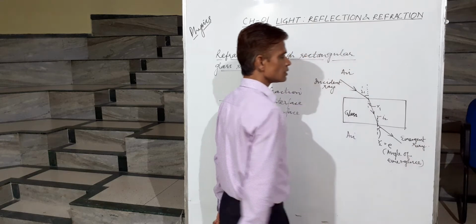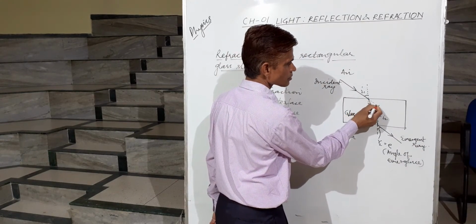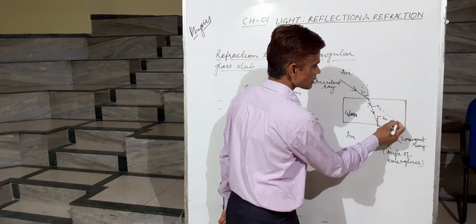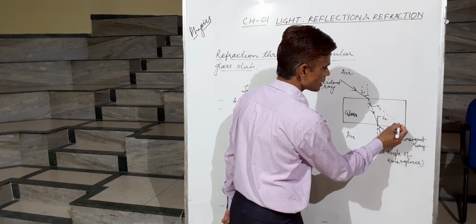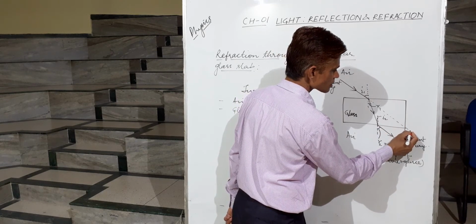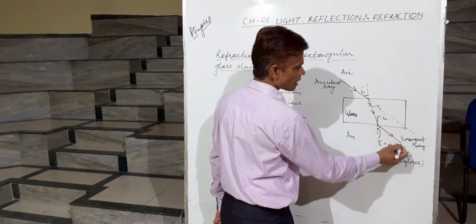Now we elongate this incident ray. So we find that this ray is parallel to the emergent ray.